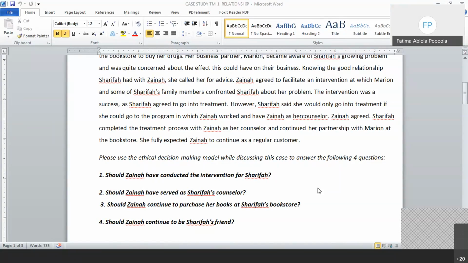And I think at that moment, they found Zaina very handy, since they knew her as a counselor. Although if it continued, this may lead to some kind of dual relationship, but for the purpose of this intervention, at least for Sharifa to agree to go for treatment, Zaina intervening at that point, I think it's okay.